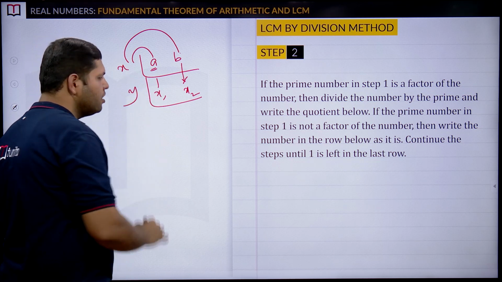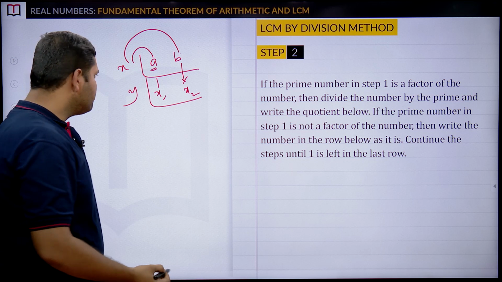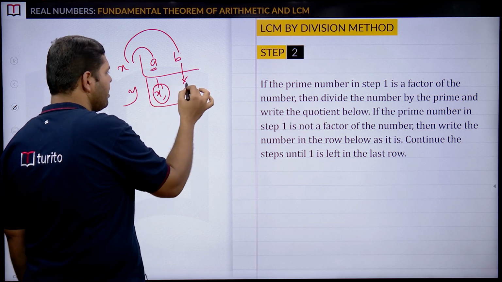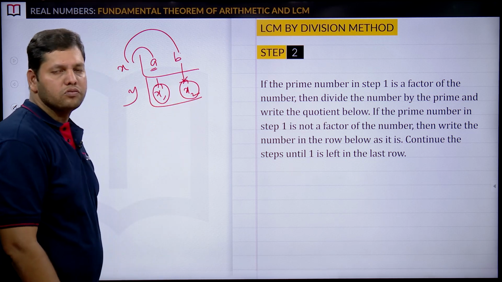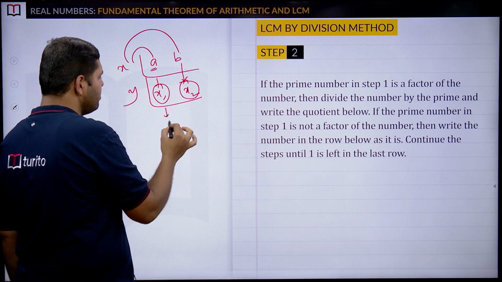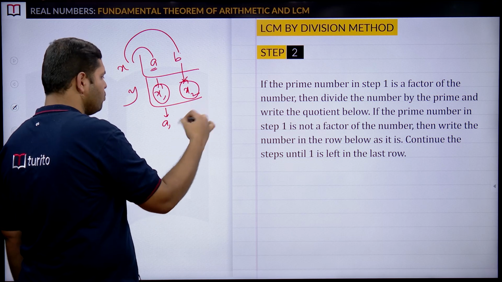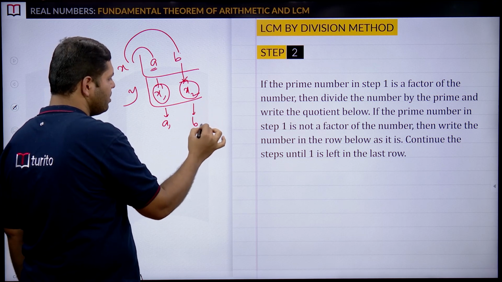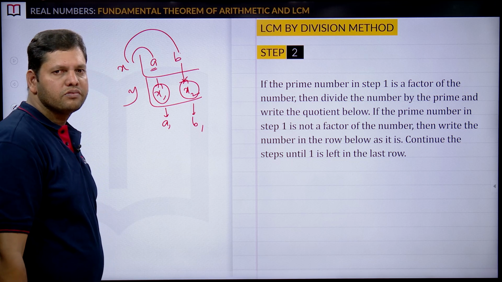You take another prime number y, and this y should divide x1 and y should divide x2 also. Again, after dividing x1 you get a1 as the quotient of x1, and b1 as the quotient of x2.